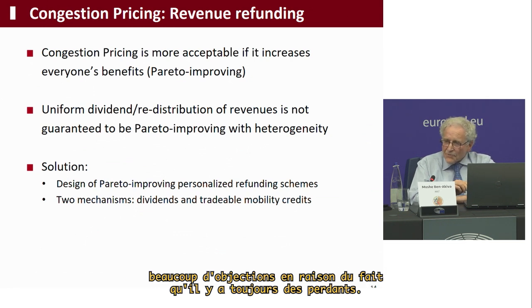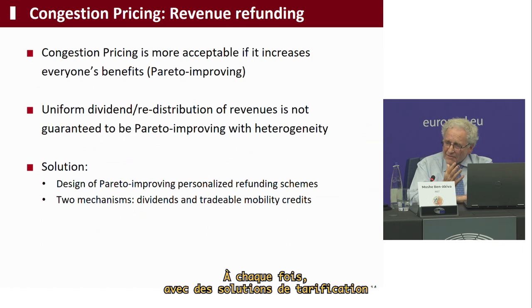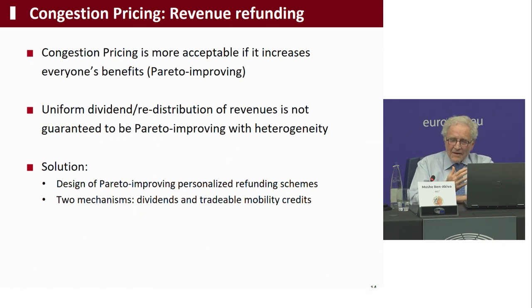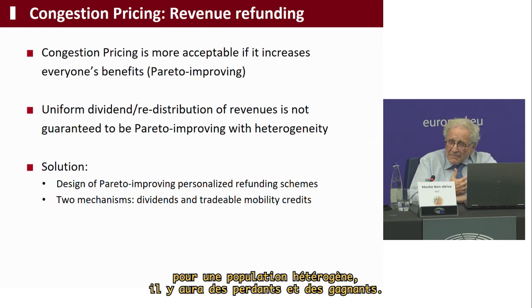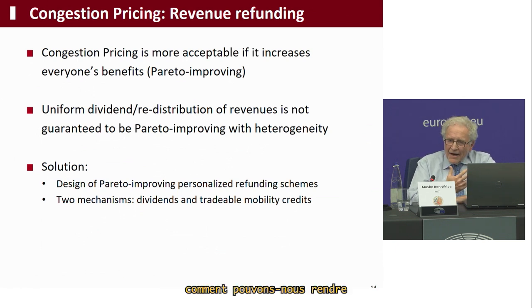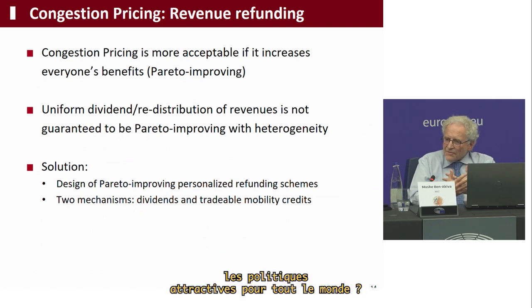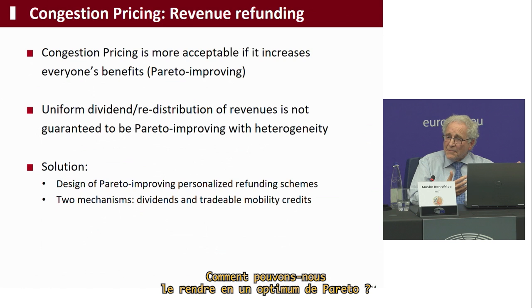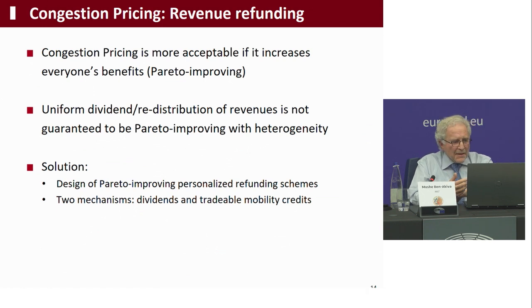With every pricing solution, with a clearly heterogeneous population, there will be losers and there will be winners. And so there will always be objection because there will be losers. So the question is, how can we make the policy attractive for everyone? How can we make it Pareto improving?